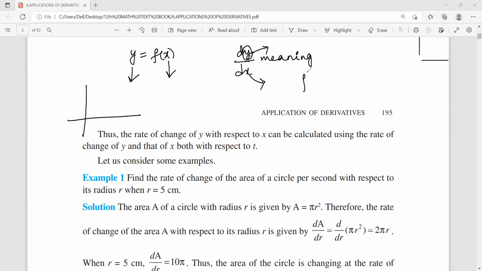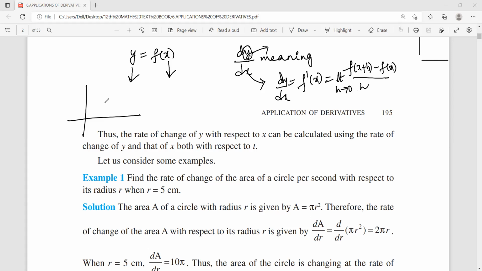This is only dy by dx, which is nothing but f dash of x. What is f dash of x? It is f of x plus h minus f of x by h as h tends to 0.